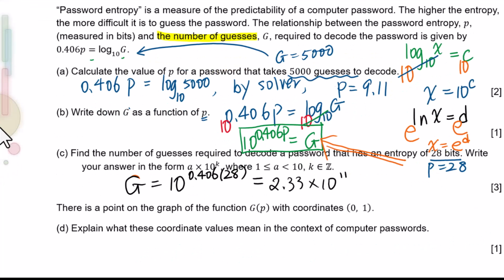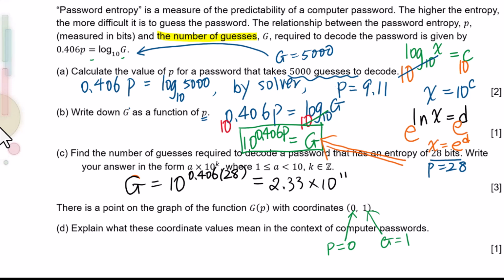Let's go to the last one. There is a point on the graph of a function G of P with the coordinates 0, 1. So P equals 0 and G equals 1. Explain what these coordinate values mean in the context of the computer passwords.